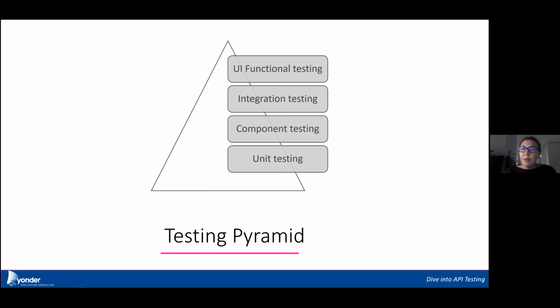Well, if we take into consideration, and I think that you know the testing pyramid, the ideal way of having the test defined and the ideal way of constructing our test for the application, we know that we have unit tests at the basis, and we know that we have component testing and integration testing at the middle layer, and we have the UI functional testing, even if that is done at the UI part automated, or even if it's done manual part.